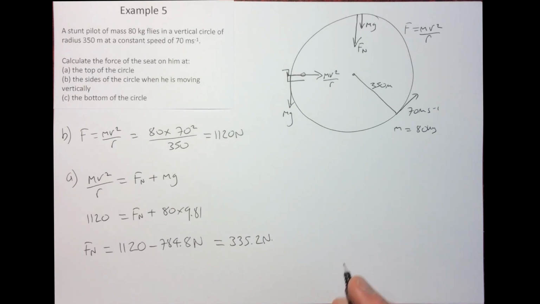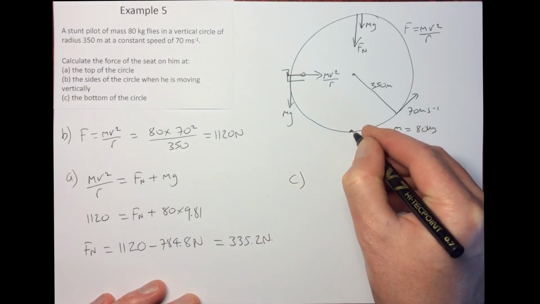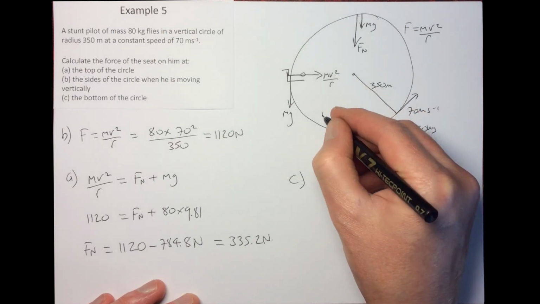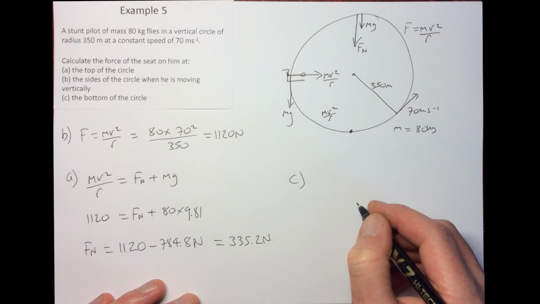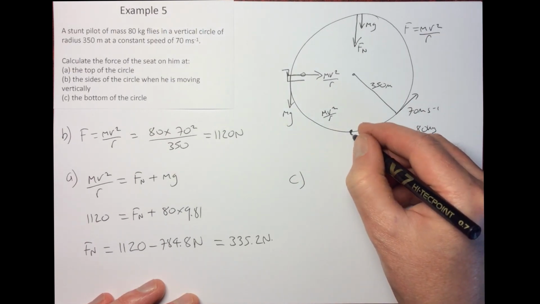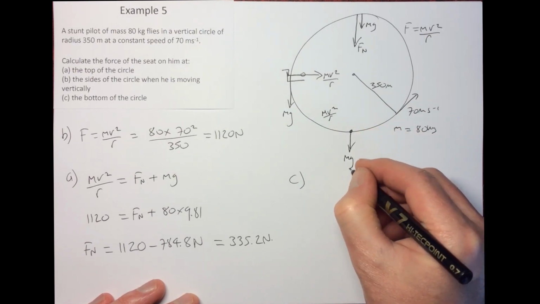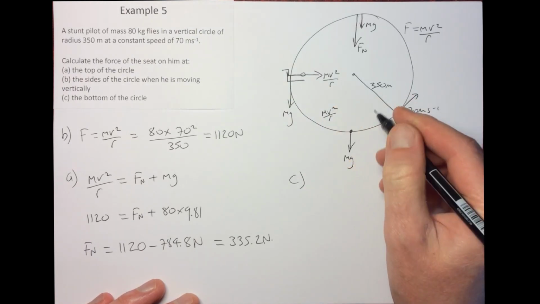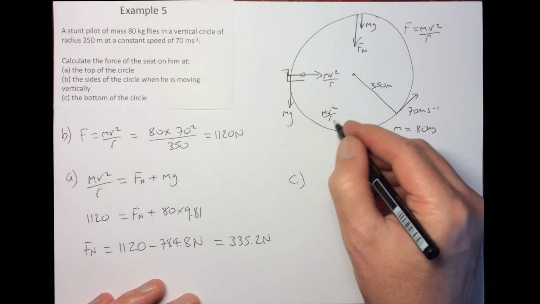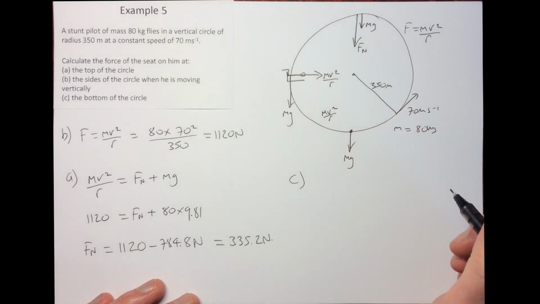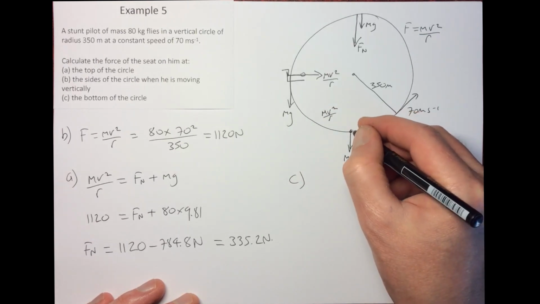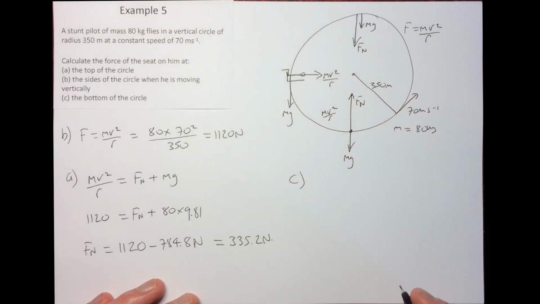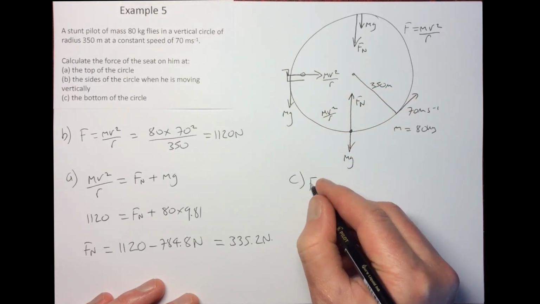Now if you look at part C, at the bottom here, we need a centripetal force acting towards the centre. The centripetal force acting towards the centre is mv squared on r again, and that has to be provided by something. But we also have to deal with the fact that the weight is acting downwards. So the normal contact force has to provide the centripetal force plus a force opposite to the weight. So the normal contact force here has to be greater than it was in other positions.